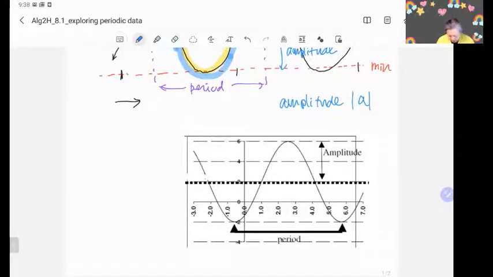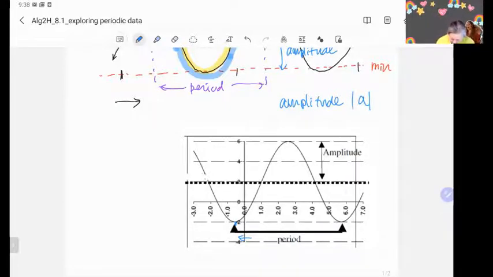If we consider this one originally started at 0 seconds, we can see there's a horizontal shift to the left a little bit, because it could be 0 here, right? It was horizontally shifted to the left by a little bit. Also, the midline is not actually on the x-axis, the time axis.